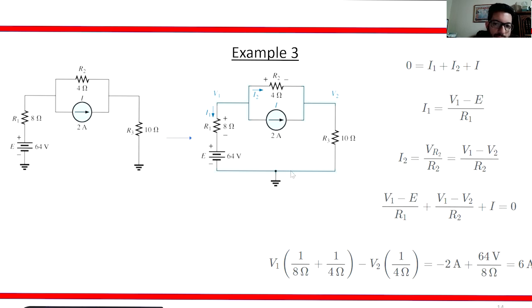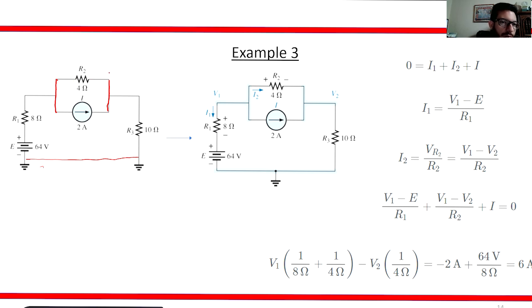Let's do another example. This one needs two voltages as well, so we're going to have to set up two equations. The original circuit is this, connected to ground here. We have a 64 volt source, a resistor, and then this circuit right here, a source and a resistor.